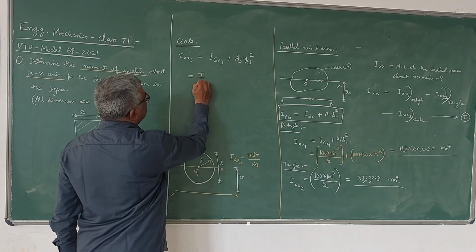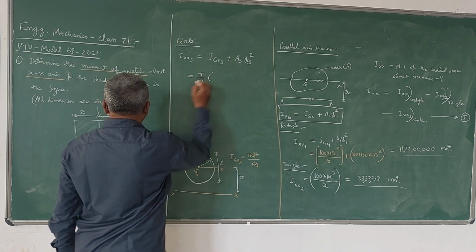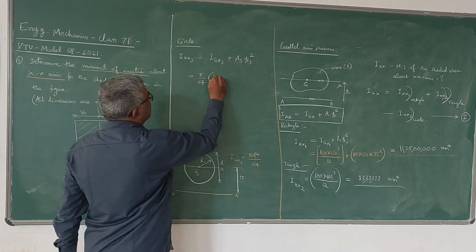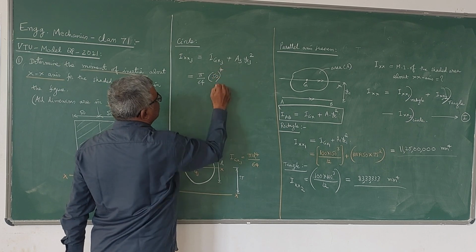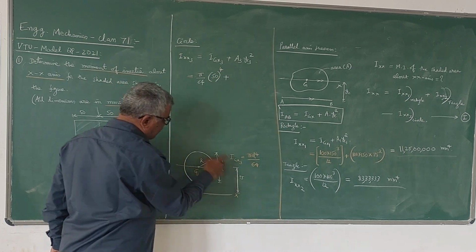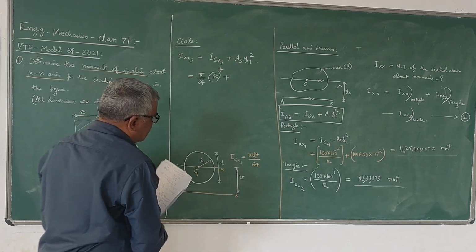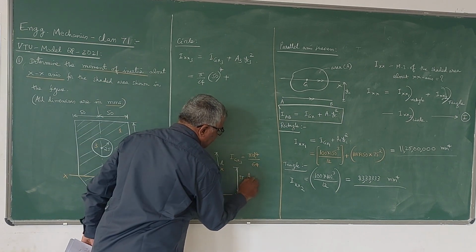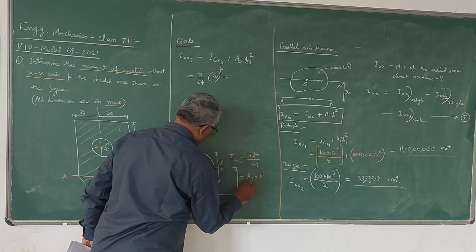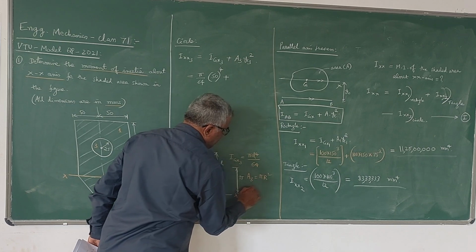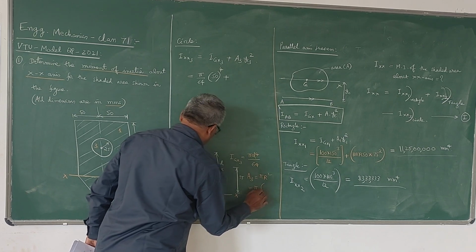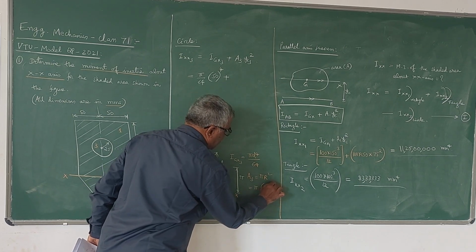Please note here, Igx3 is pi d power 4 by 64. So pi by 64 into diameter; radius is 25 mm, so diameter becomes 50. So 50 to the power 4, plus the area of this circular portion A3. A3 is pi d square by 4, or you can write pi r square. So pi into 25 square, R is 25.